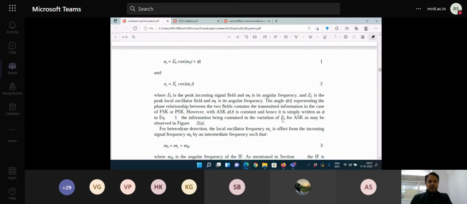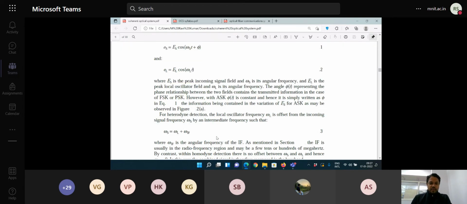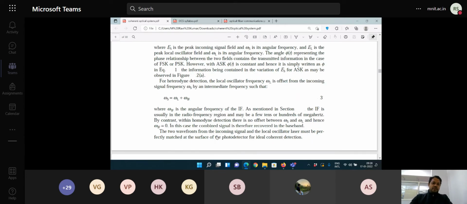And the information is contained in the amplitude ES in case of ASK. For heterodyne detection, the local oscillator frequency is offset from the incoming signal frequency by an intermediate frequency, such that you have this relationship among the different frequency components.